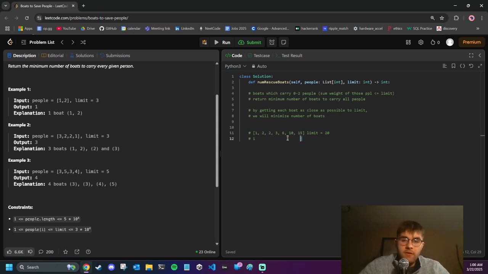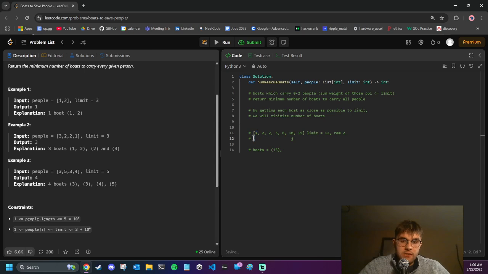So if we can't fit the limit, so let's say the limit here was 12, then we would put J in a boat by itself. And then we would say just 15, because this is greater than the limit, and then we'll move J over. And then we'll say, okay, J has a remainder of 2. So we'd say here at J right now, the remainder is 2.